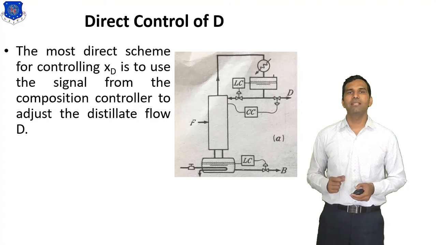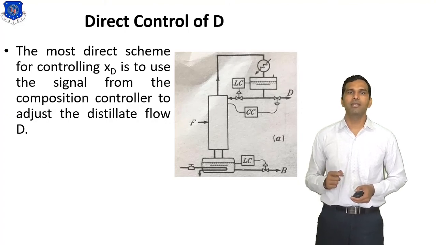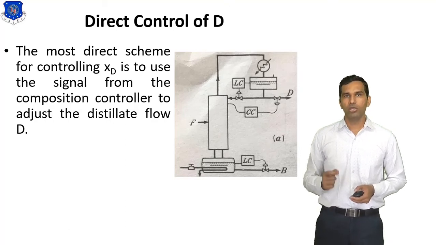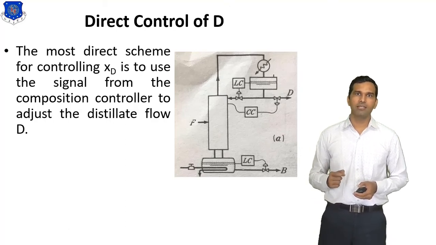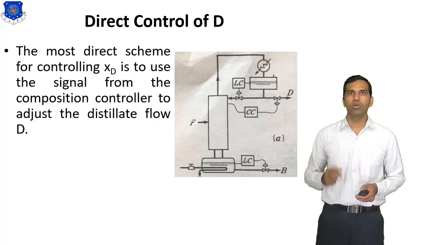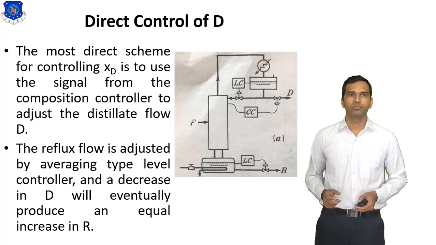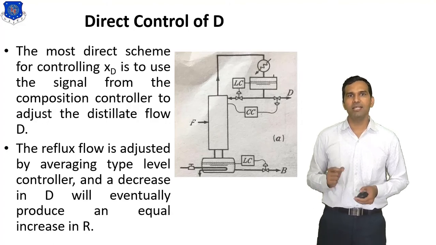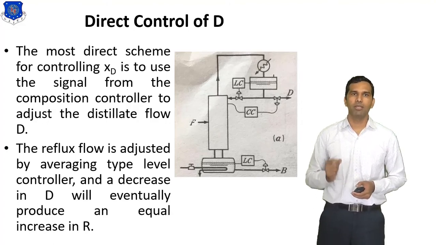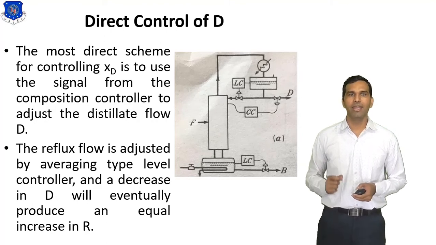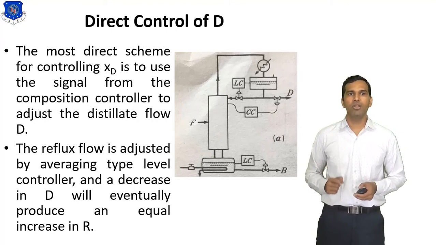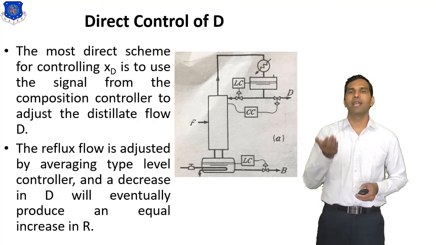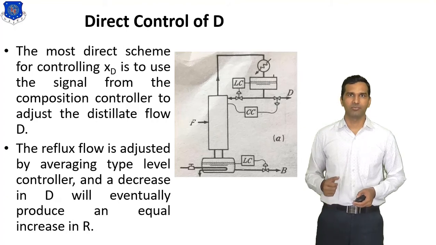Here LC indicates the level controller and CC indicates the composition controller, so two controllers are used. The reflux flow is adjusted by the level controller, LC, and a decrease in D will eventually produce an equal increase in R, that means reflux flow.